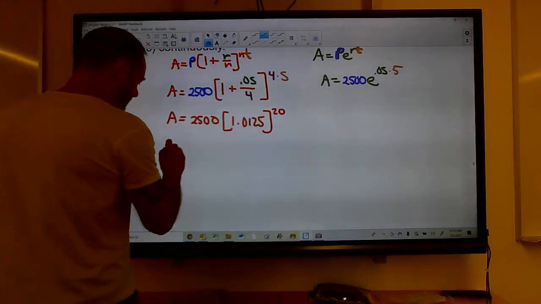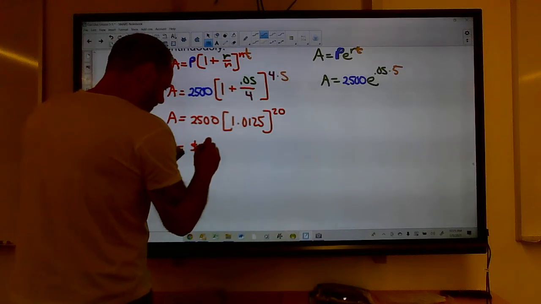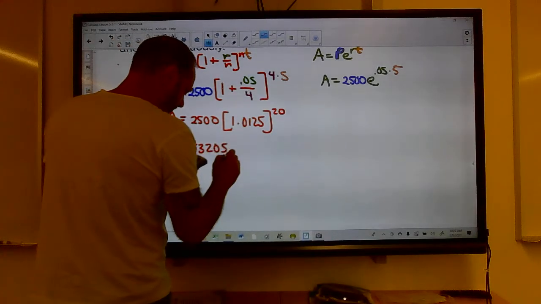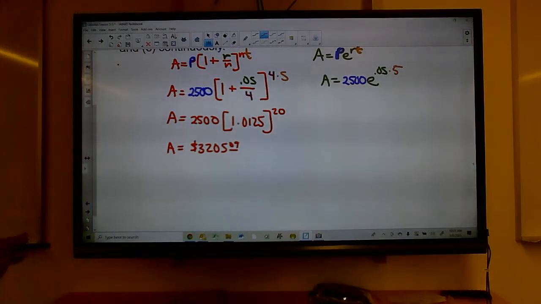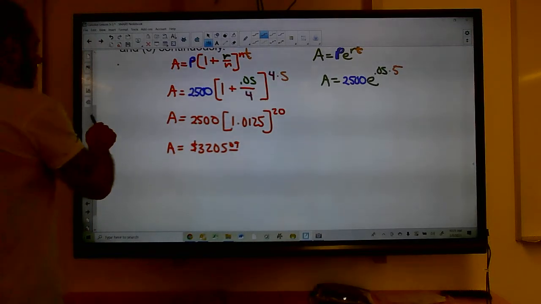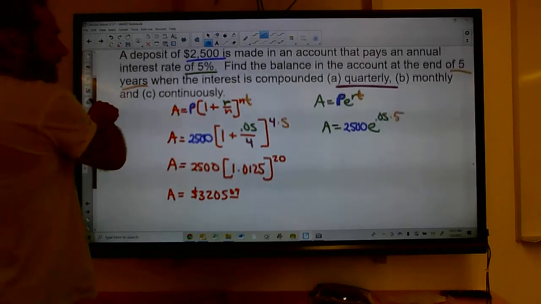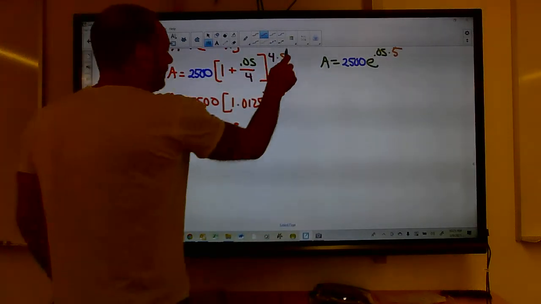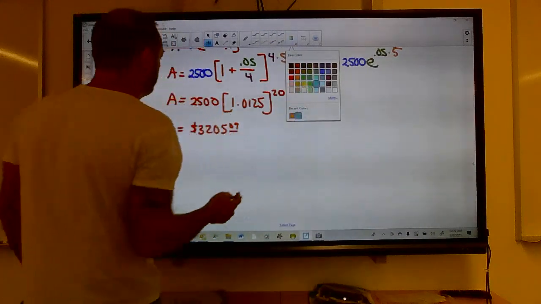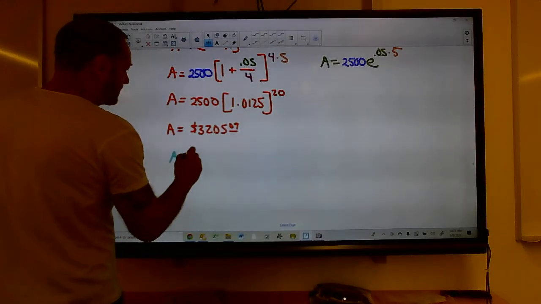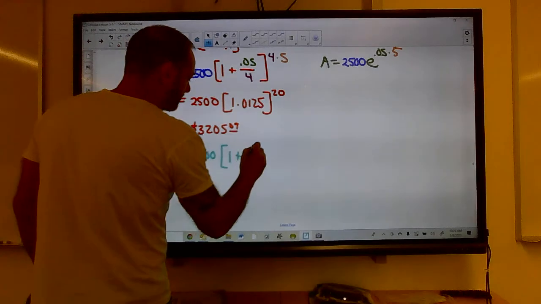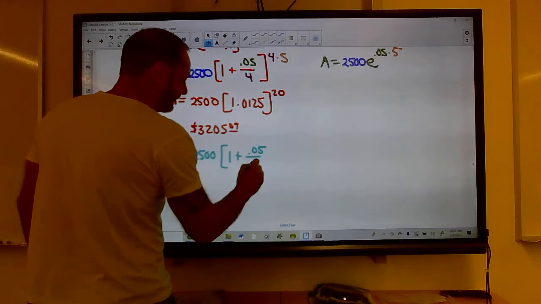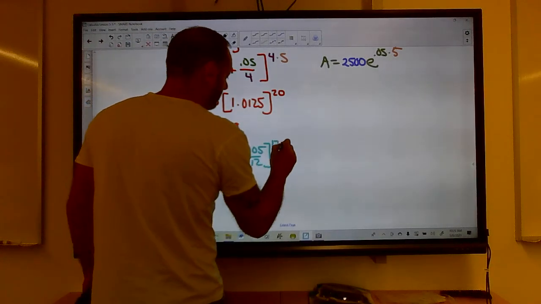So this comes out to be $3,205.09. That's compounded quarterly. Now, I also needed to do this problem compounded monthly. So if I compound it monthly, it's pretty much the same problem, 2,500 times 1 plus 0.05, only monthly, n is going to be 12.